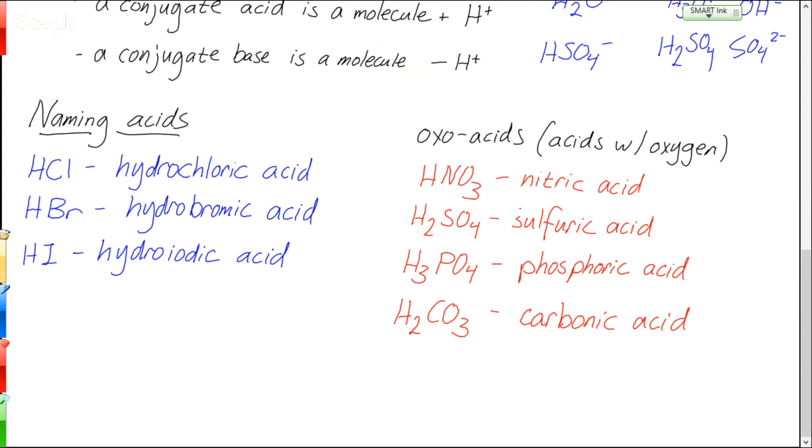So if you know the charges of your ions, you can just pair up the hydrogens and get the right formulas. Rather than remembering that nitric acid has 1 hydrogen, sulfuric has 2, phosphoric has 3, and carbonic has 2, you already know the charges of nitrate, sulfate, phosphate, and carbonate. If we go through all the other ions we know, we can make acids of them also.